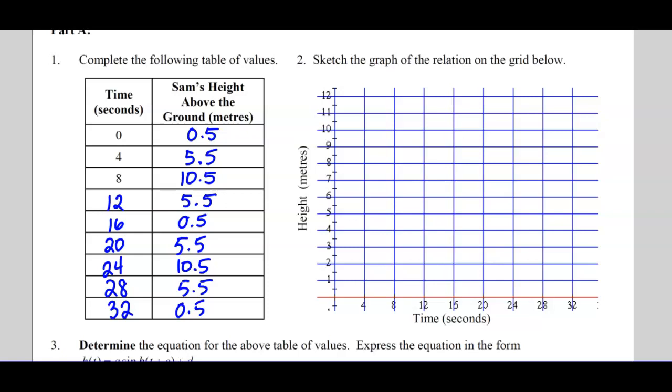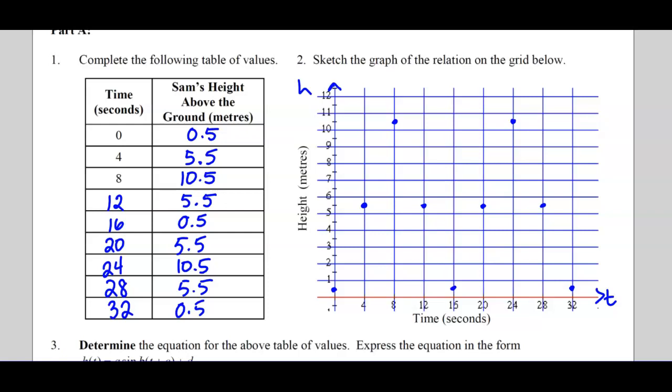Okay, so the graph is there for you. We'll call this T and H. So 0.5 at time 0 is there. 4 seconds is 5.5. 8 seconds is 10.5, then 5.5, then 0.5. You have to put in the curve yourself.